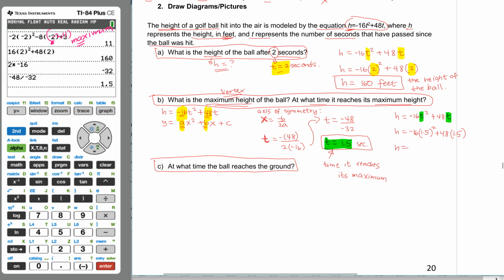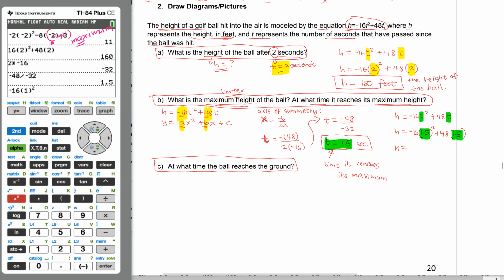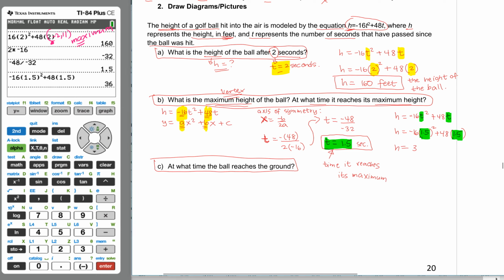So h therefore equals, simply do that in the calculator, highlighting that this is what we plug in: negative 16 times 1.5 squared plus 48 times 1.5, then press enter, and this gives you 36.